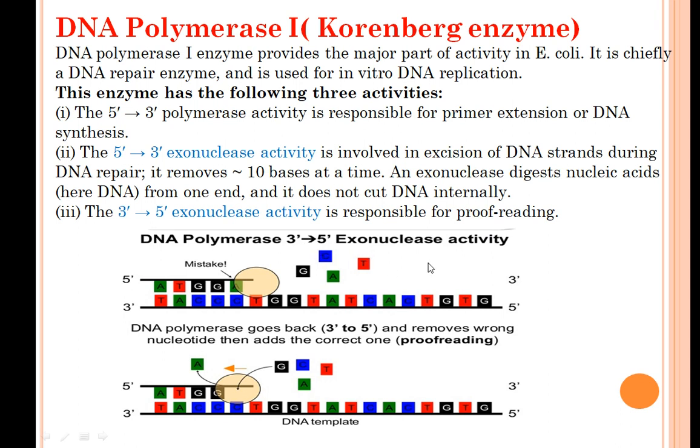Here you see DNA polymerase goes back and removes the wrong nucleotide and then adds the correct one, and this is the proofreading. That means this enzyme cuts off the wrong bases and replaces them with the correct ones. The polymerase action does commit errors in DNA synthesis, and then DNA polymerase is known to scrutinize the new base added to the growing chain and to delete or remove the wrong base, and this is known as the proofreading.